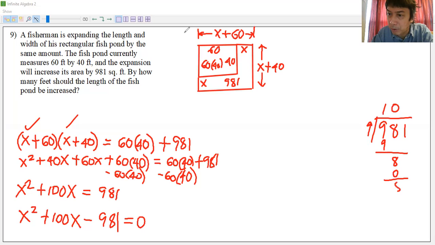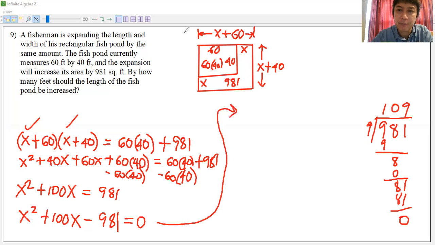We subtract and we get 8. Bring down 1. We have 81 divided by 9. That's exactly 9. 9 times 9, 81. Then a remainder 0. That means the product of 109 and 9 is 981. So we can solve it by factoring, okay?